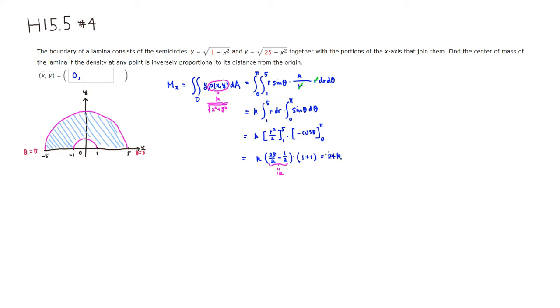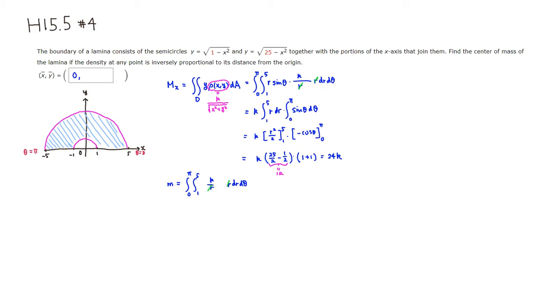Then we still have to find the mass. Mass m is going to be a double integral, with r dr d theta and the bounds exactly the same, 1 to 5 and 0 to pi. But here we have to remember that the density is k over r, so we put k over r, and then we can cancel r and r.